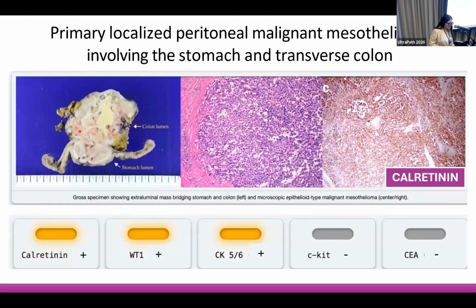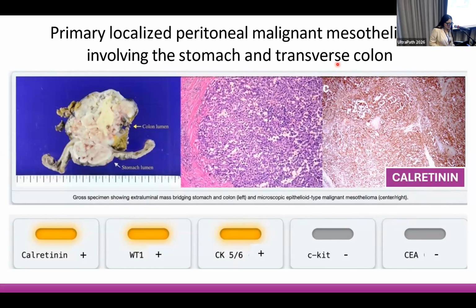And this was the specimen. We can see that most of the tumor is in the mesentery, but it's also infiltrating the whole wall of the colon, and is pushing the normal mucosa in the stomach wall.